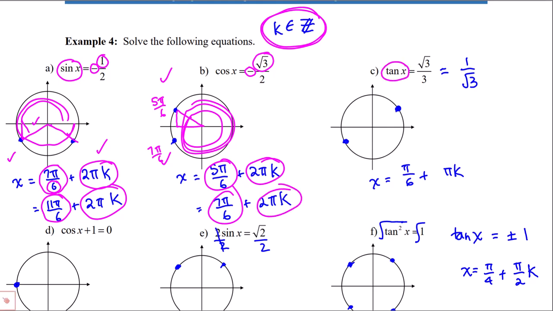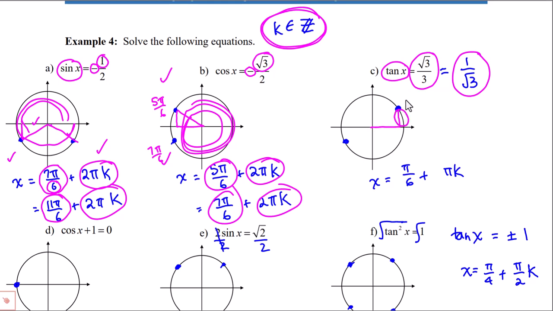Tangent is y over x, so we're not quite used to that fraction, or I'm not. But I remember that it used to be this before I used to simplify the radical in the denominator. Remember that? It was 1 over root 3. So I'm going to use that. So the y is 1, and the x is root 3, which makes this the short side.